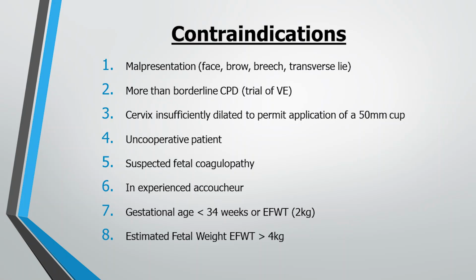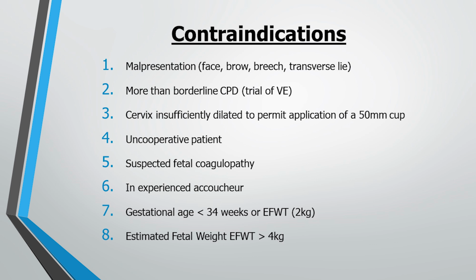Contraindications. When will you not use the ventouse? One, in malpresentation, involving face presentation, brow presentation, breech presentation, or transverse lie. Then where there is more than borderline cephalopelvic disproportion, trial of vacuum is contraindicated.